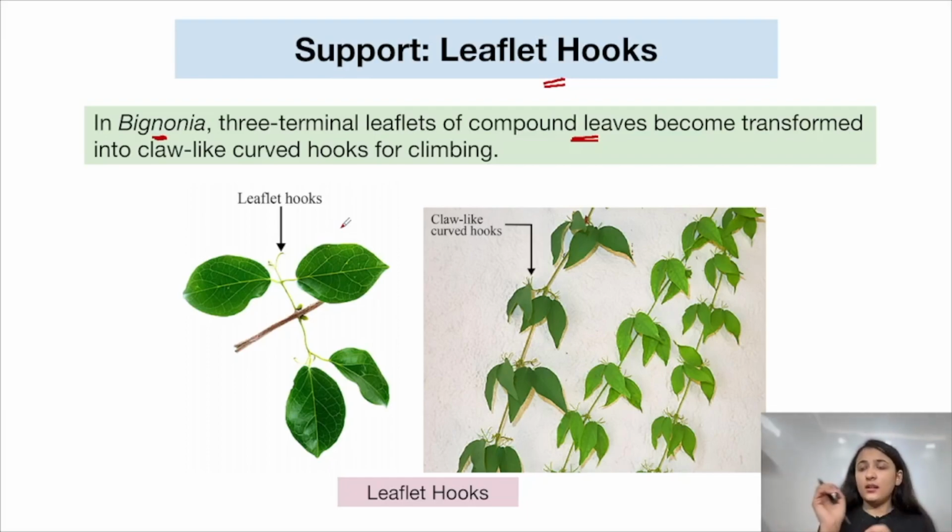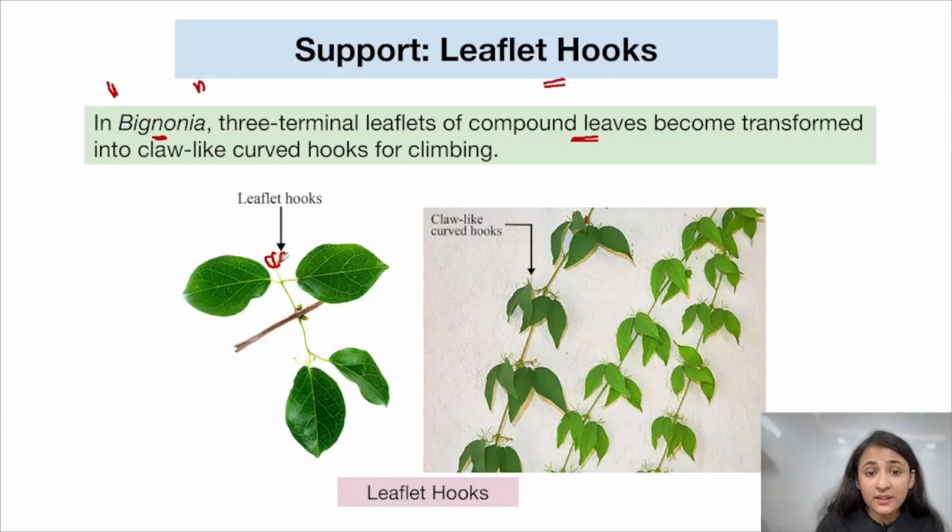Hooks help a structure to hang itself somewhere. So these 3 terminal leaflets of compound leaves in Bignonia become transformed into these clawed, curved hooks which help the plant to climb. So in Bignonia, these leaflet hooks are seen.